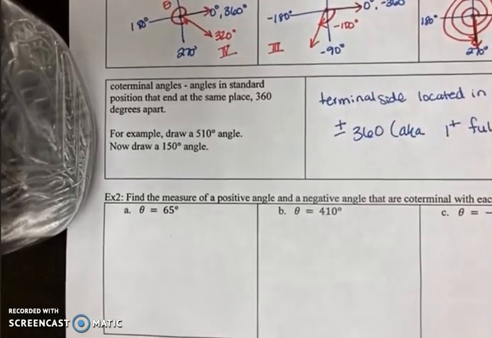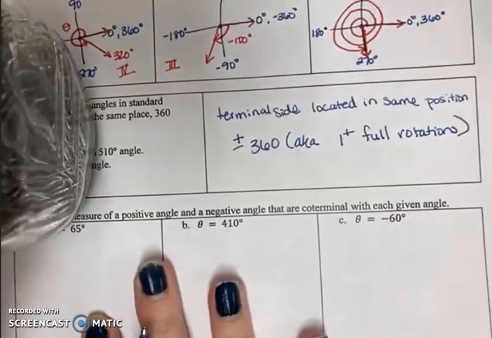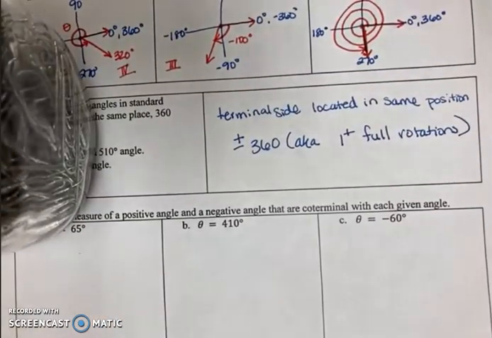I should have put that. So if I were to ask you to list one positive and one negative coterminal angle, you don't even have to draw anything. All you have to do is add or subtract 360 until you have a positive and a negative value. Now sometimes you may have to do this more than once.